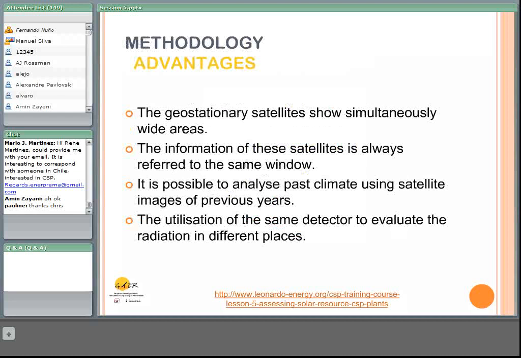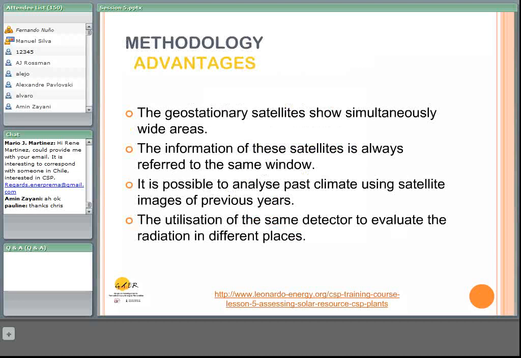When you use geostationary satellites, the information of these satellites is always referred to the same window, to the same region of the Earth. Another advantage is that it's possible to analyze past climate using satellite images of previous years. If we have satellite images since the 80s and we develop accurate models, it's possible to go to these old images and estimate solar radiation for those years.